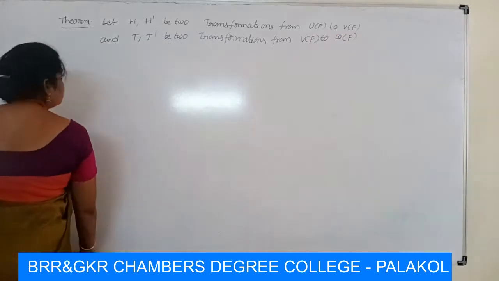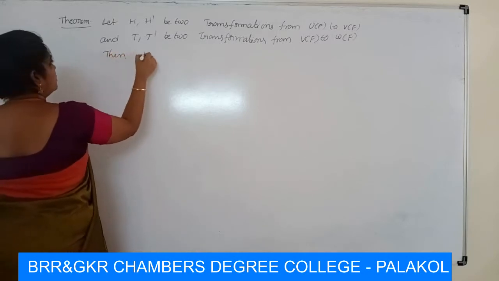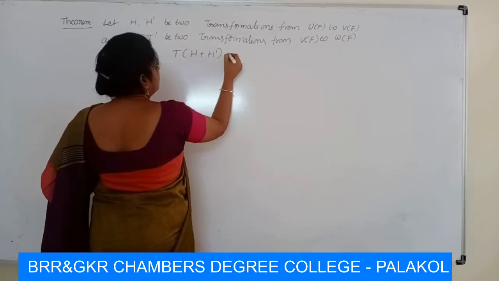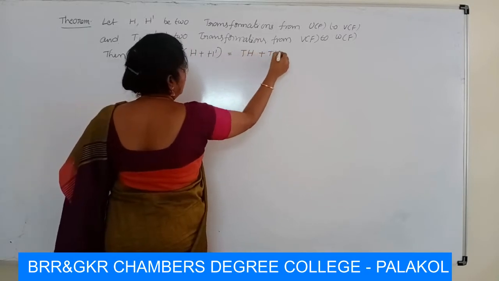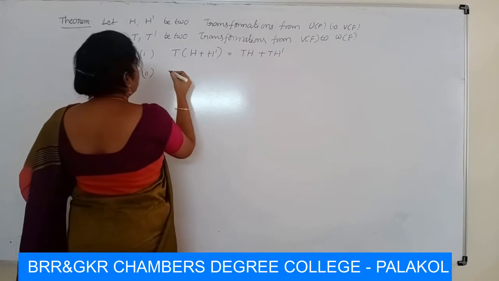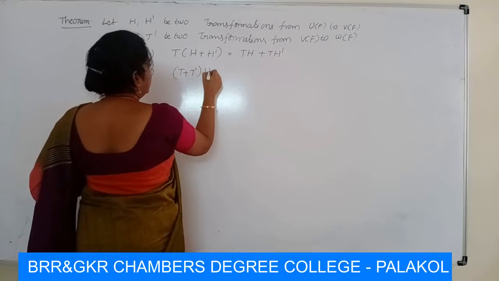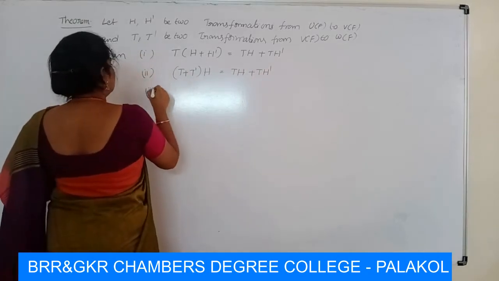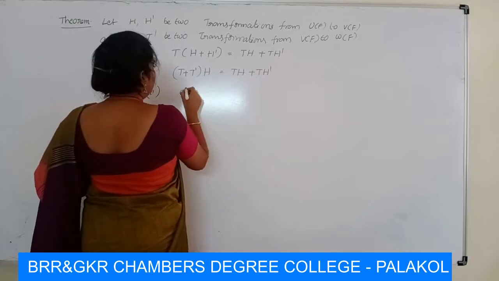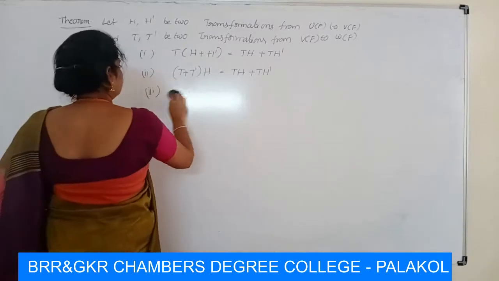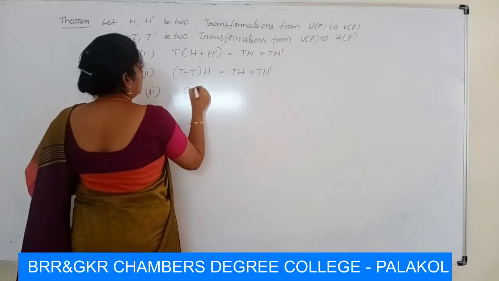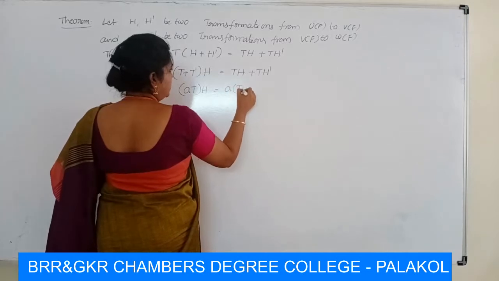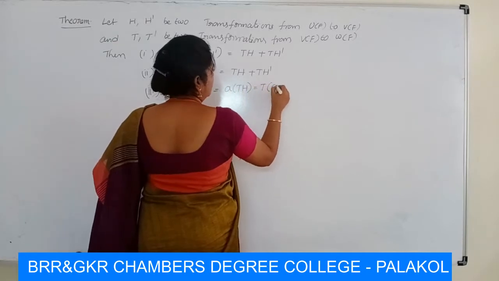Then first one, T into H plus H dash is equal to TH plus TH dash, and second one, T plus T dash into H is equal to TH plus T dash H. Third one, a T of H is equal to a into TH, and second one T into aH.